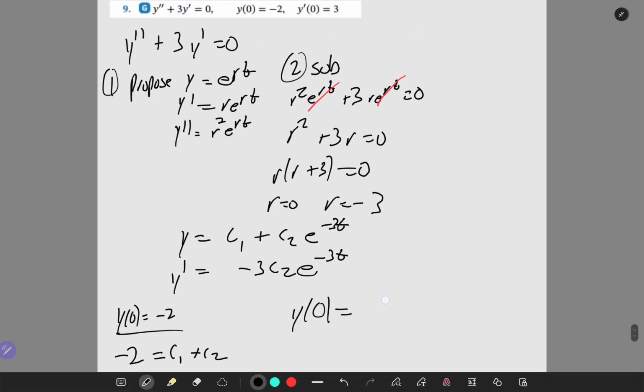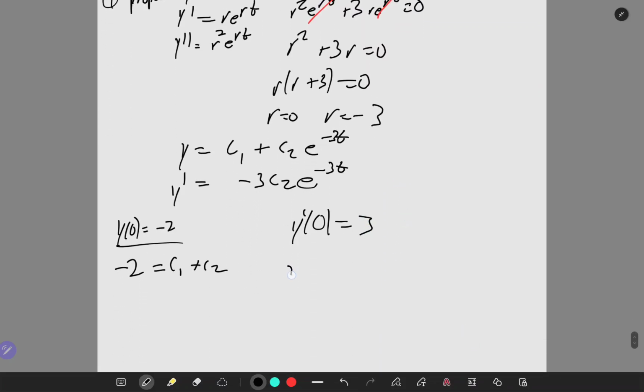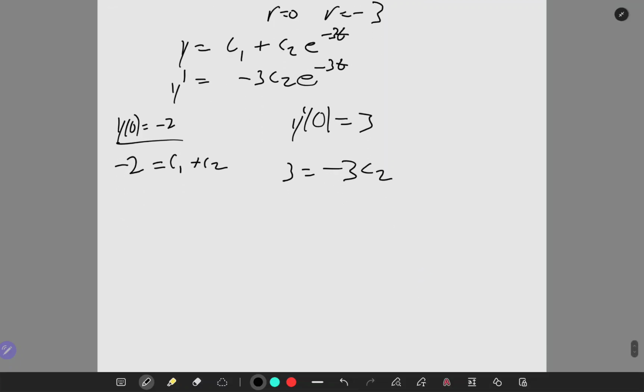We also have y prime of 0 is equal to 3. So then that's 3 is equal to negative 3 C2, right? So now we have two equations. This one's a lot simpler because right here we can get C2 very easily. C2 is equal to negative 1, right?